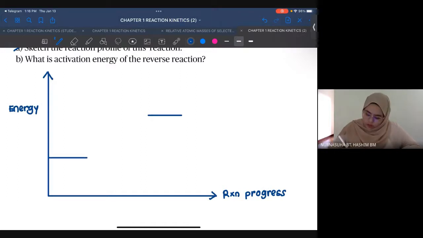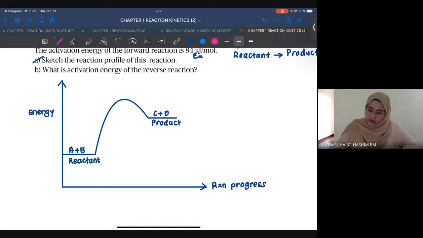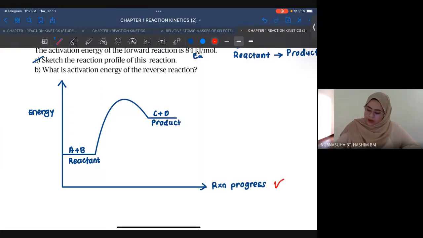Buat je macam tu dulu, barulah lukis bukit. Settle. Okay, so reactant kita adalah A plus B, produk kita C plus D. Okay, so if this came out in exam, label axis dapat 1 markah, shape of the graph dah dapat 1 markah.